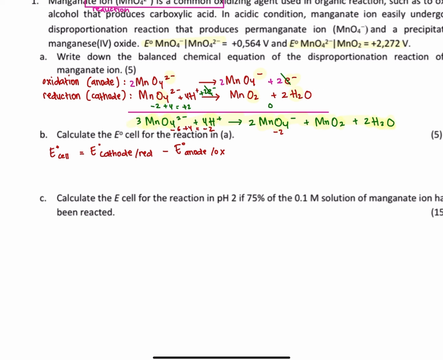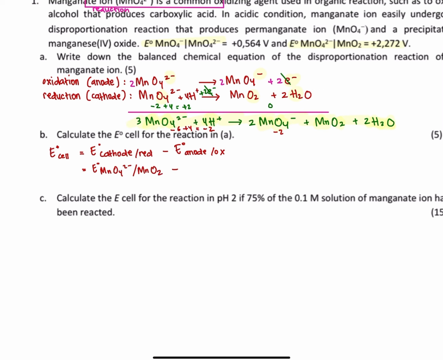So for example, which one undergoes reduction at cathode? It involves MnO4 2 minus and MnO2. So we are going to use the potential reduction related to that, which is this MnO4 2 minus MnO2.